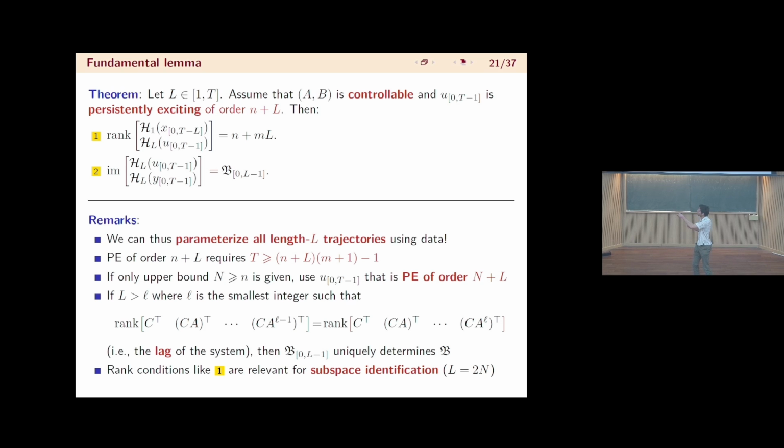We wanted this matrix with depth 2n to have full row rank. Now this fundamental lemma solves the question of when that is satisfied. That is satisfied in the case that the input is persistently exciting of order capital N plus L, with L equal to 2N. So that's very nice.